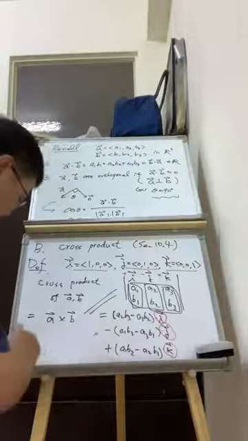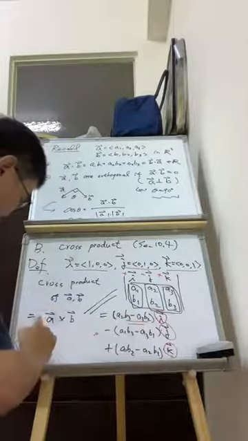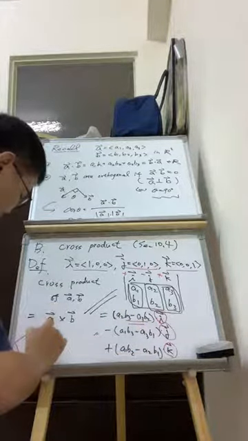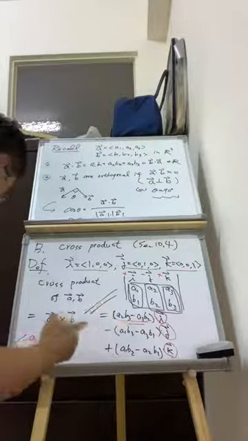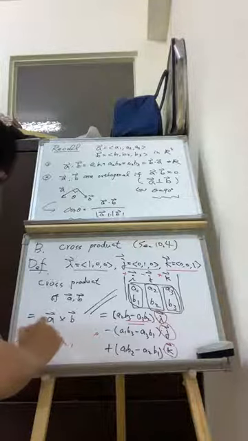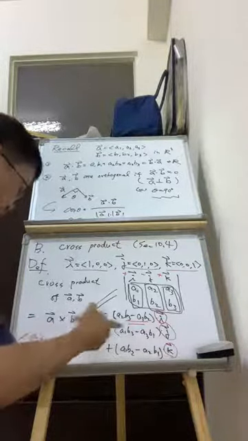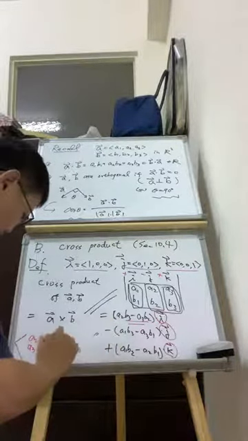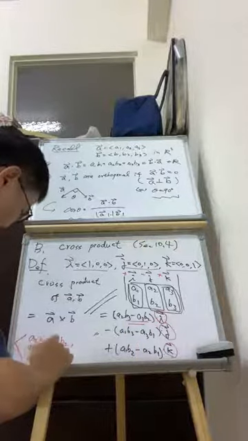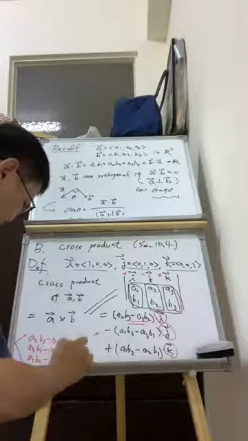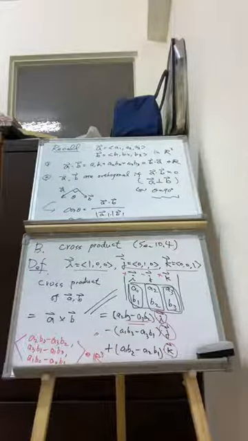So the first coordinate is A2 B3 minus A3 B2. The second coordinate is A3 B1 minus A1 B3. The last coordinate is A1 B2 minus A2 B1. And it's a vector in R3.